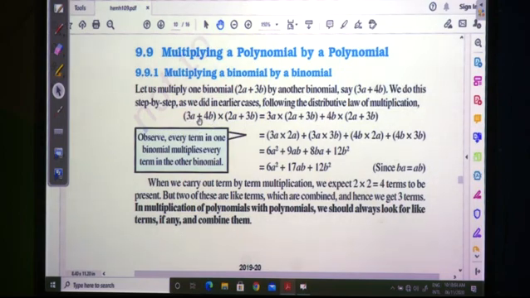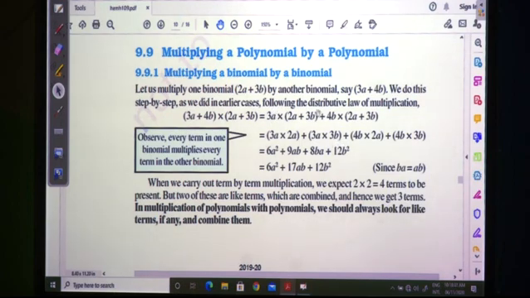That is, 3a plus 4b in one bracket, second bracket 2a plus 3b, in between it is multiplication. 3a, the first term of the first expression, we are multiplying to the bracket of the second expression, plus 4b, the second term of my first expression, we are multiplying again to the bracket, that is the second expression. 3a into 2a plus 3a into 3b.